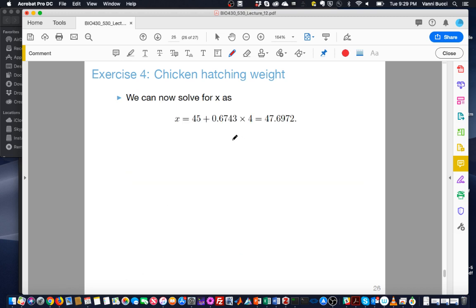When you know z star, you go back using your standard equation, you rearrange it and you can find your x value. So 47.6972 grams is the third quartile for weights of chickens at birth. And so this is it for this class.